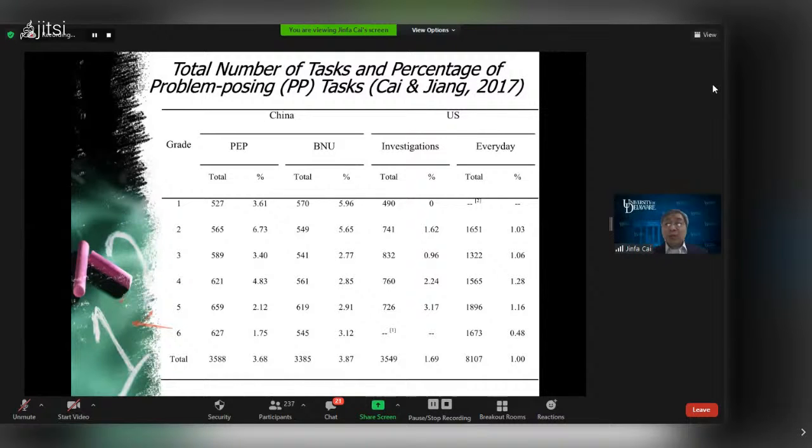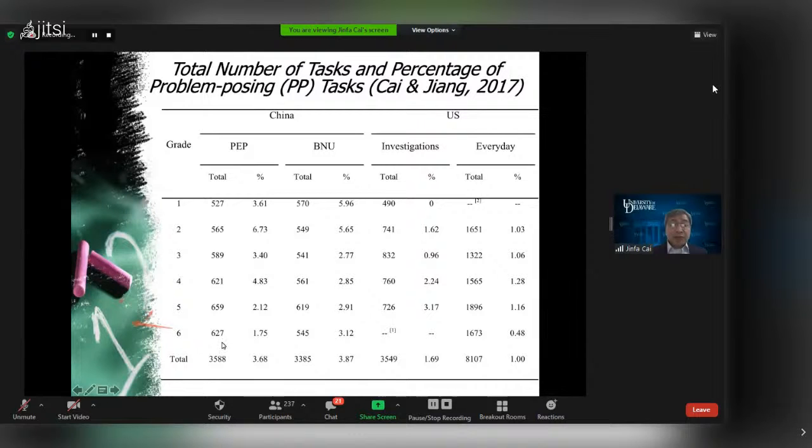This table shows the total number of tasks and the percentage of problem posing tasks in these 4 series of textbooks. For example, for PEP, the total means the total number of mathematical activities in each grade. Let's use this one here.